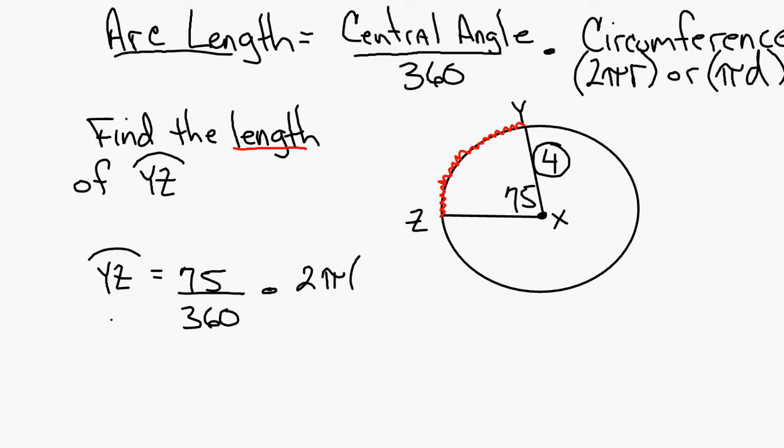Okay? You can do all of this in your calculator. If you take your calculator, 75 divided by 360 times 2 times the pi button times 4 and hit enter. And I got 5.236.